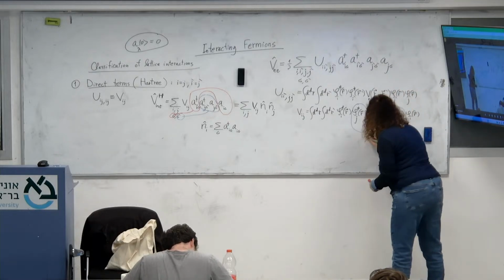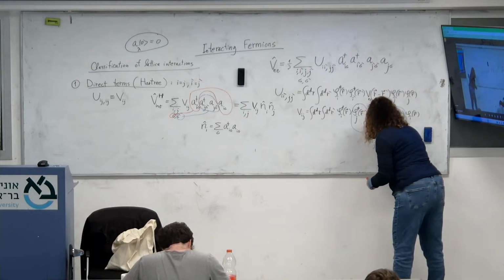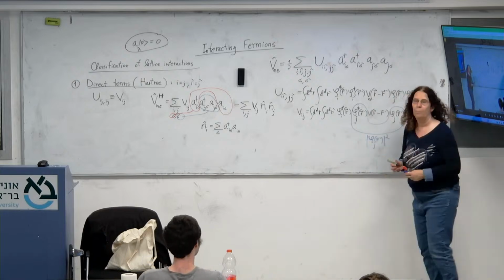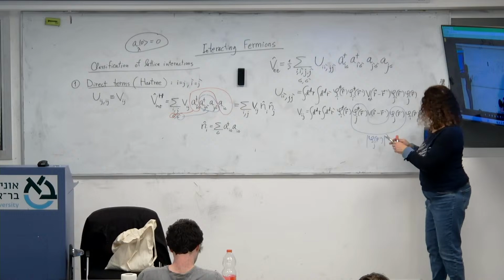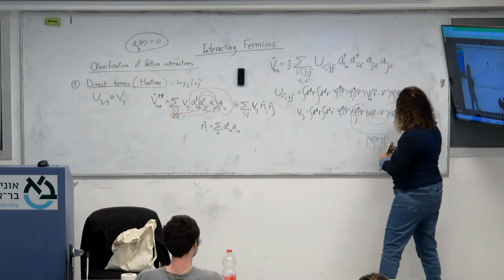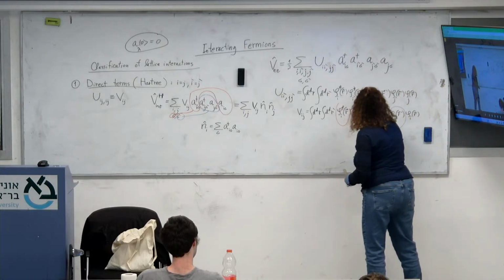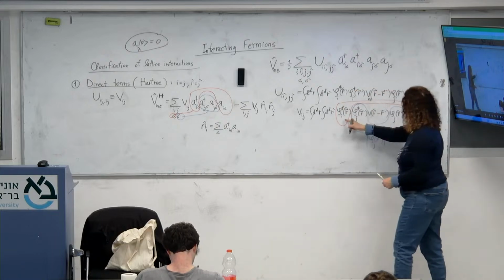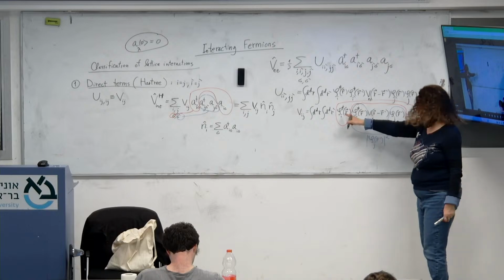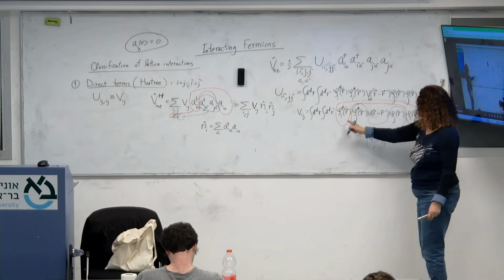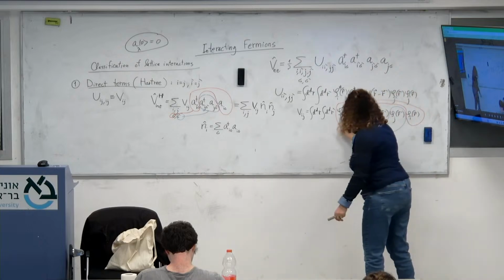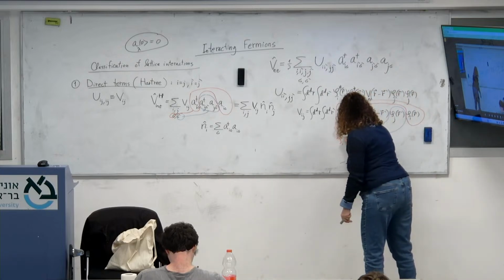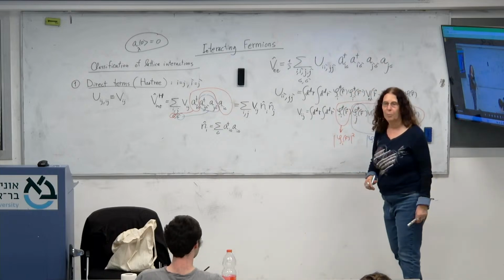So this is phi j of r prime, absolute value squared. And similarly, this factor is phi i star times phi, the same i, the same r. So this is nothing but the absolute value squared of phi i, right?